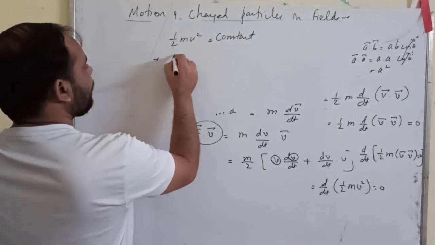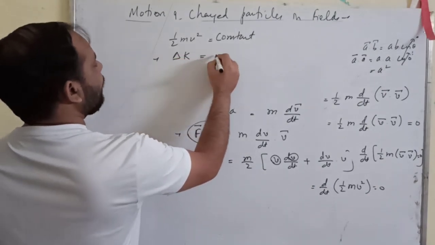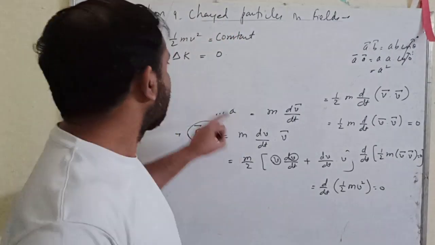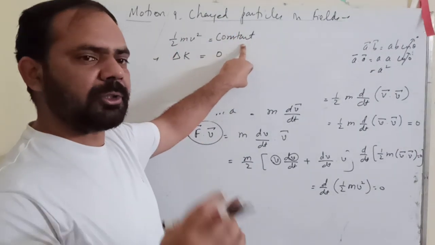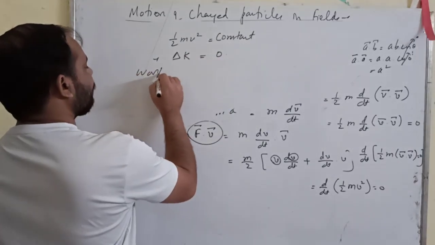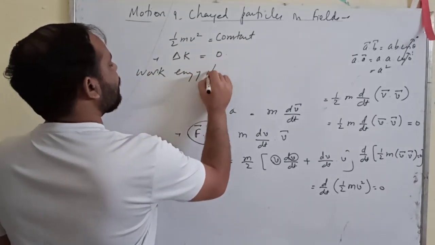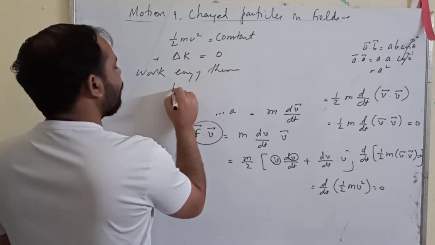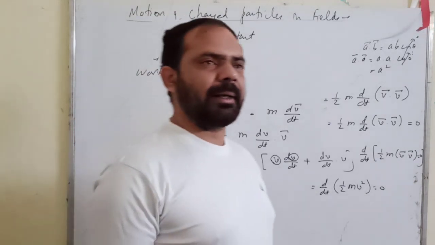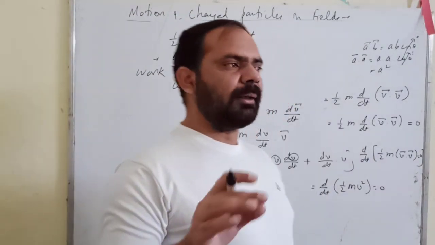Now it means that the change in kinetic energy is 0, right? Since kinetic energy is constant, the change must be 0. Now by the work energy theorem, work done is equal to the change in kinetic energy. In class 11th we studied that.